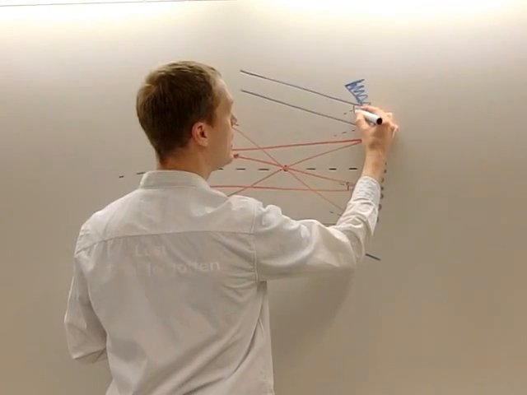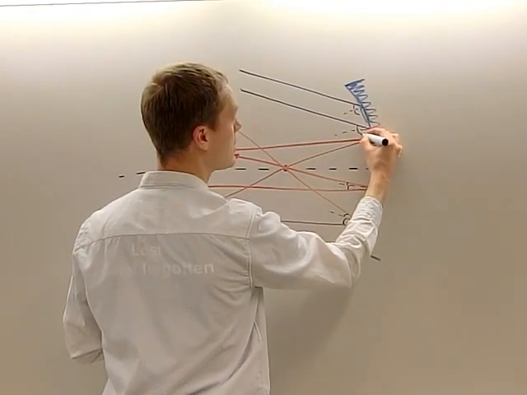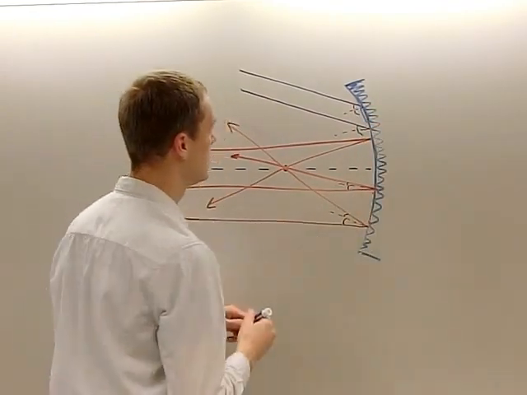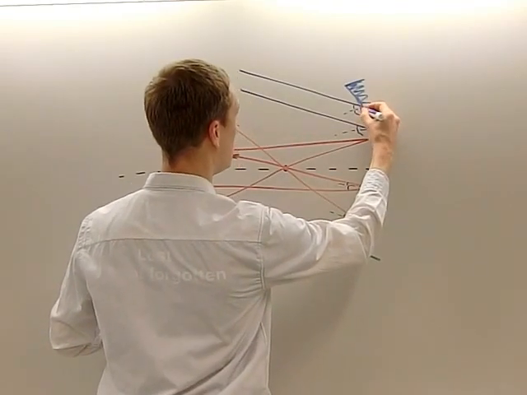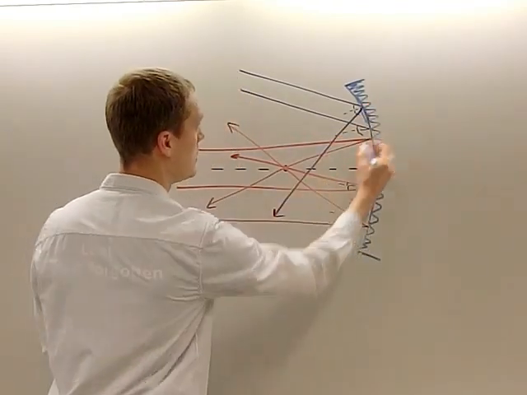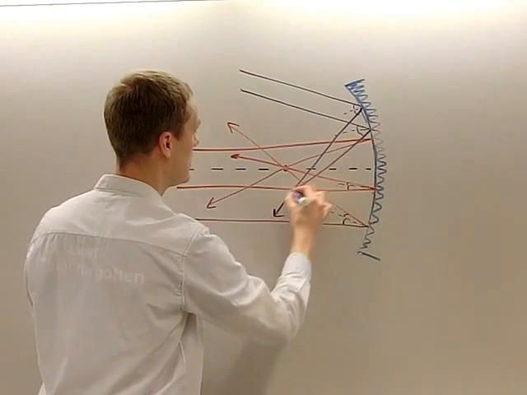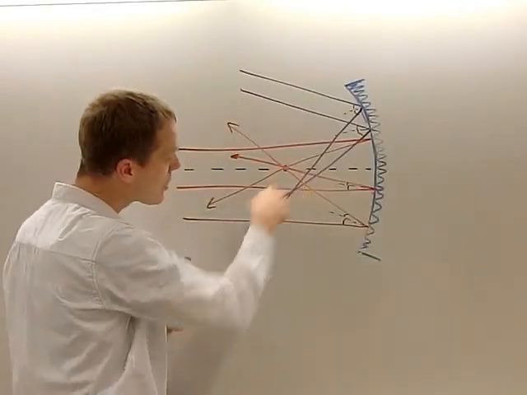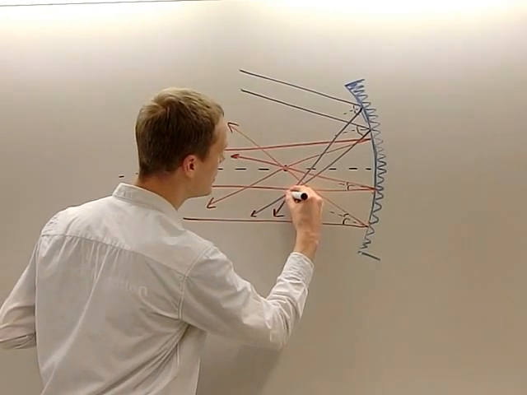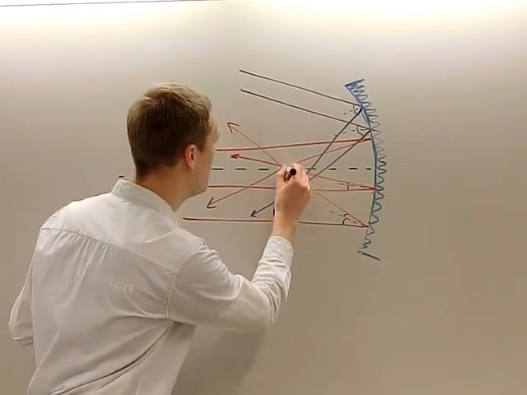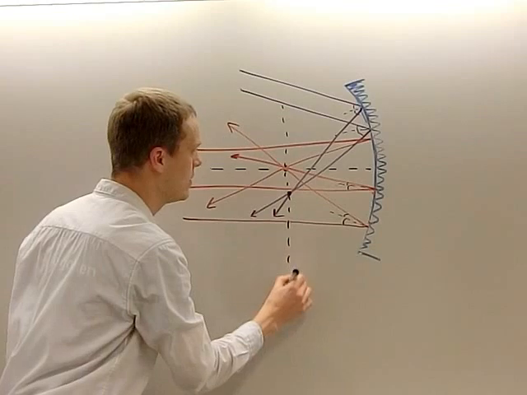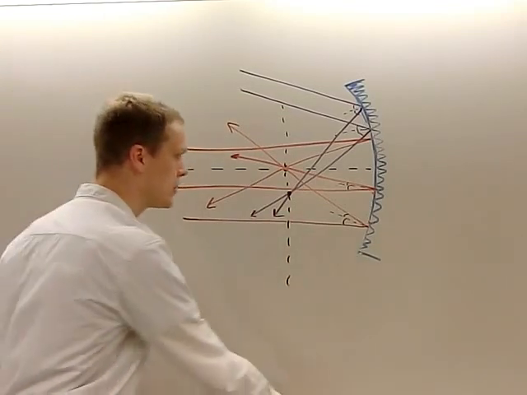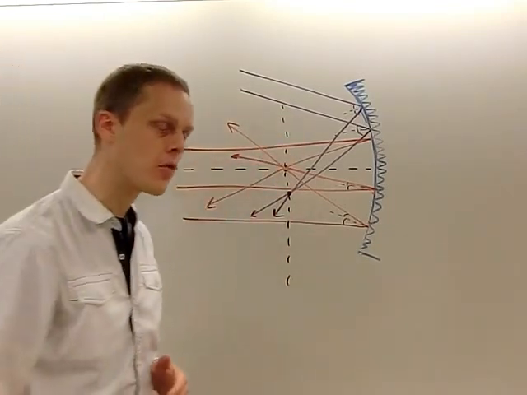Got a big one here, and a slightly smaller one there. So I'm going to have something like this and this. Okay. So they will converge too, but they'll converge at a different point, but the point is in the focal plane. Okay. So parallel light rays will converge in the focal plane.